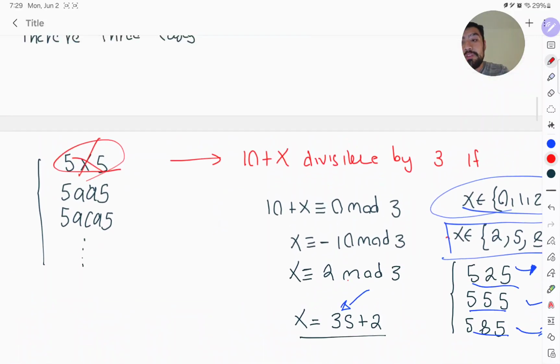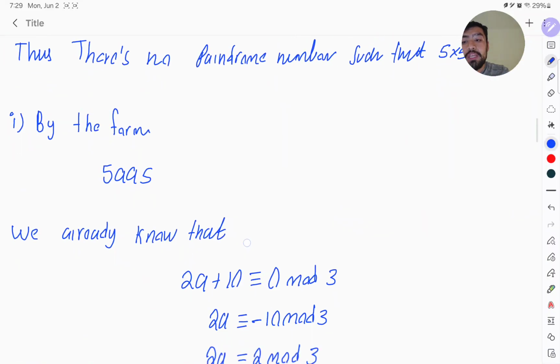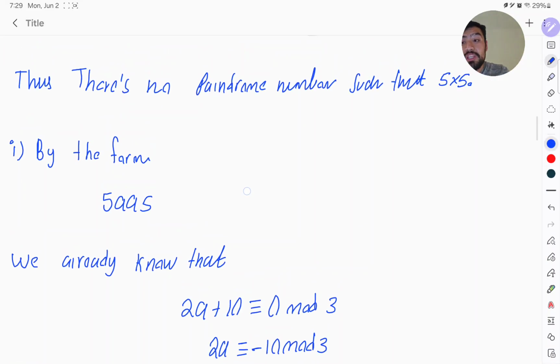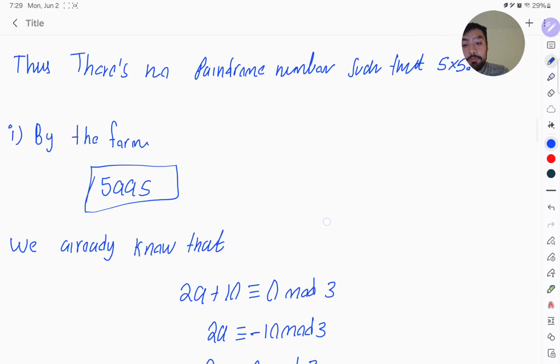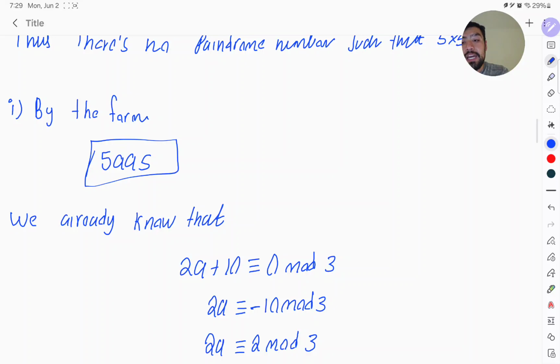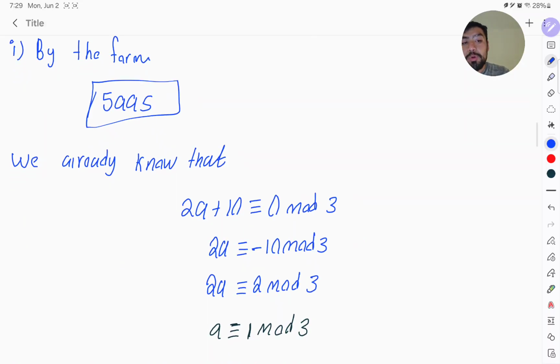we need to know if there is the next possibility, which is that the number has 4 digits. If the number has 4 digits, then since the number is a palindrome number, it must be of this form. However, we already know that if we add up the digits, then we get 2a plus 10, which must be congruent with 0 modulo 3, because 3 divides n.